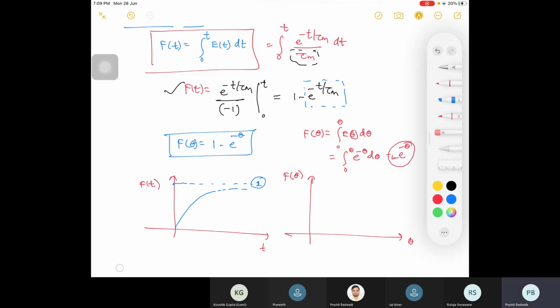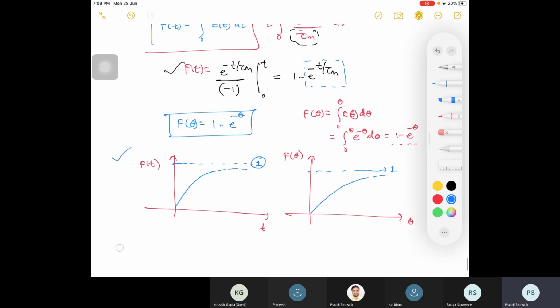I hope you are getting this. 1 minus e to the power minus theta. This graph will be an exponential increase because it is 1 minus e to the power minus theta, and it will increase up to the value 1. This is F of theta versus theta, and this is the F(t) curve. Now I hope you are done with the normalized RTD, the cumulative RTD, then the normalized cumulative RTD.